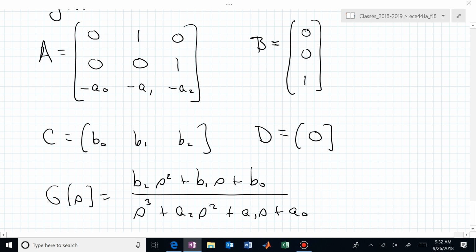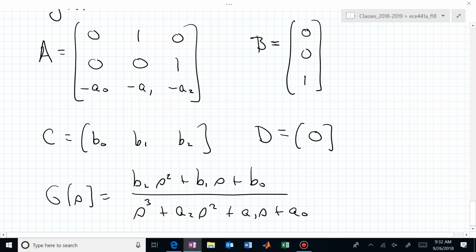Do you want a phase variable state space representation? If you do, I can just put in the b's where they belong and the a's where they belong, and I have to keep my ones in play, but now I have a third order state space representation immediately from a transfer function description of that system.